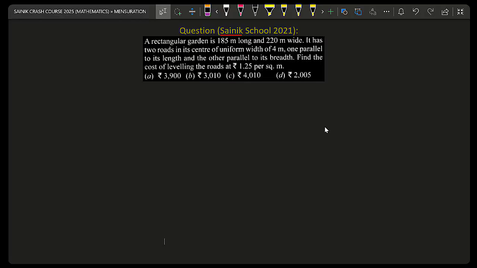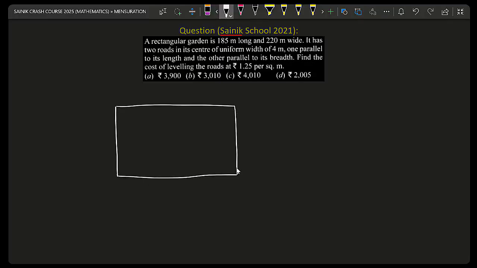First of all, the garden is in which shape? Sir, rectangle. Yes, the garden is in the shape of a rectangle. What are the dimensions of this garden? 185 meters and 220 meters.